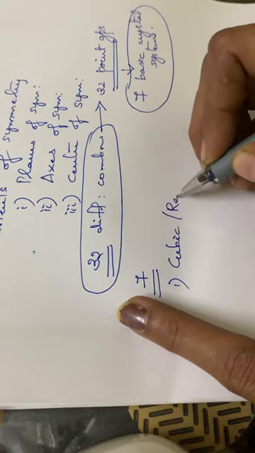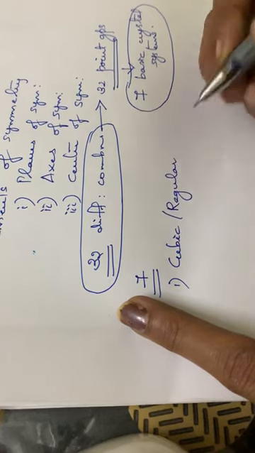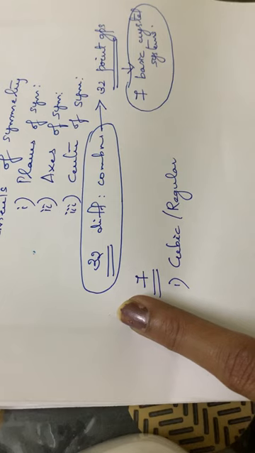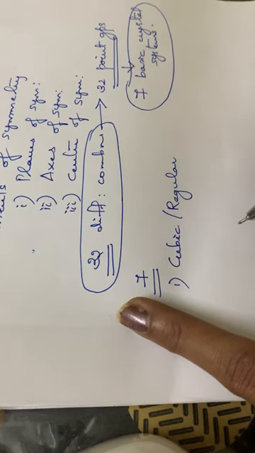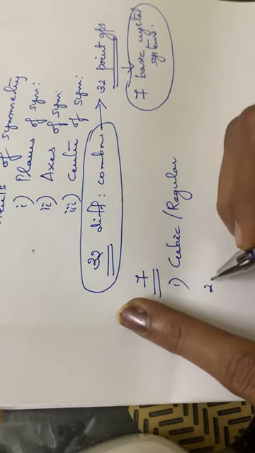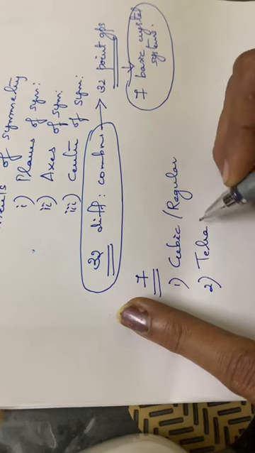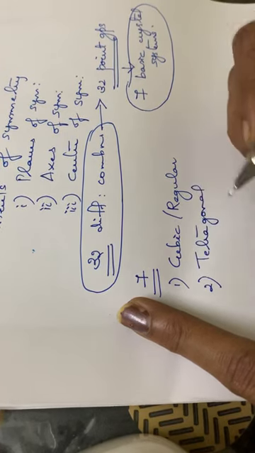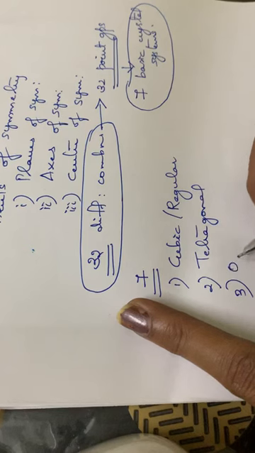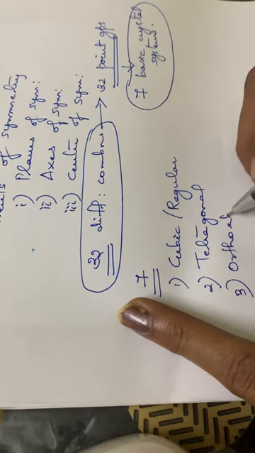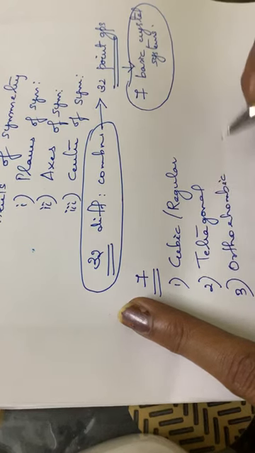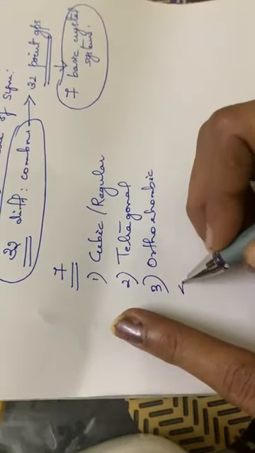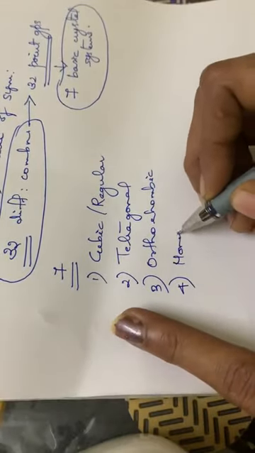The first one is the cubic system, or the regular system that we have seen. Just like the name, the crystal will have the shape of a cube. Then the second one is the tetragonal crystal system. Third, the orthorhombic system. Fourth, the monoclinic.